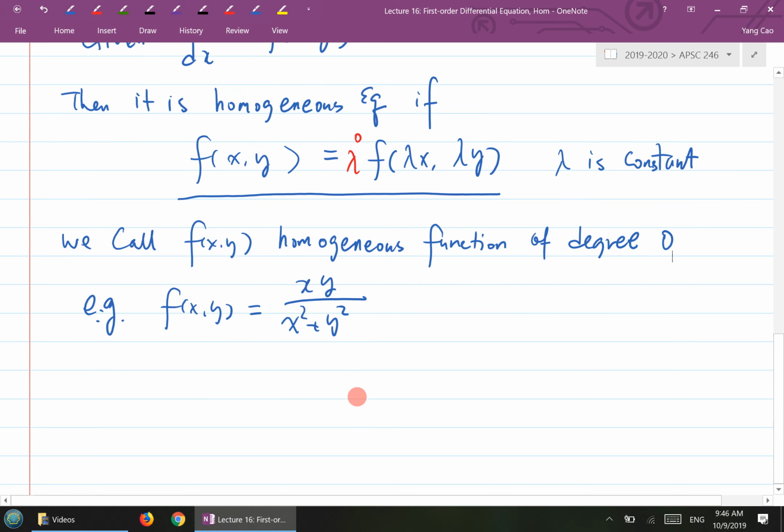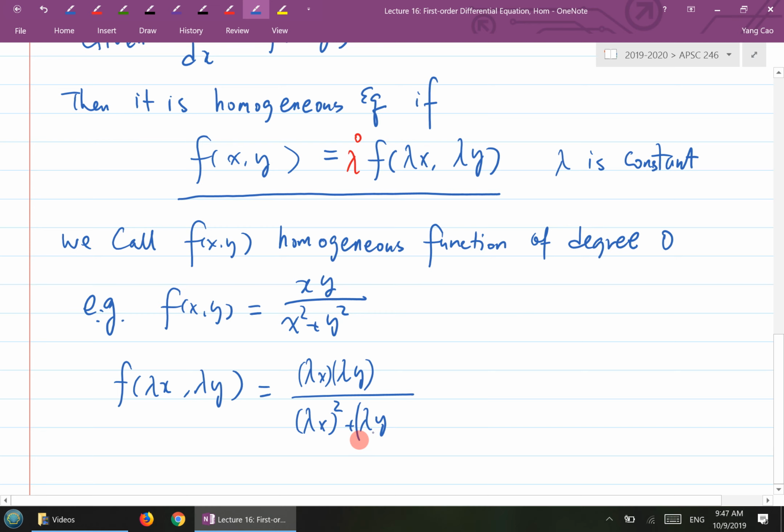So why is that? So let's take a look at, if I replace the x and y with lambda x, lambda y, let's just see what happens. So xy becomes lambda x, lambda y, and bottom here, lambda x squared and lambda y squared.